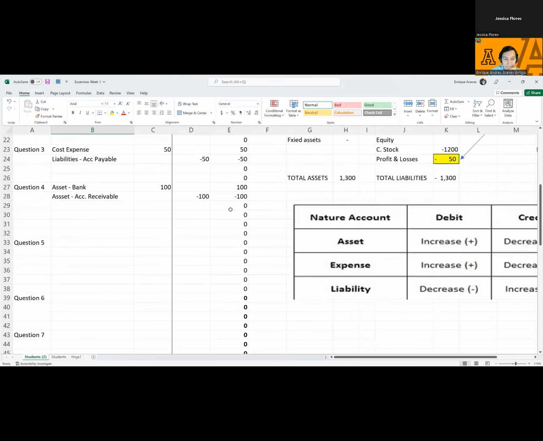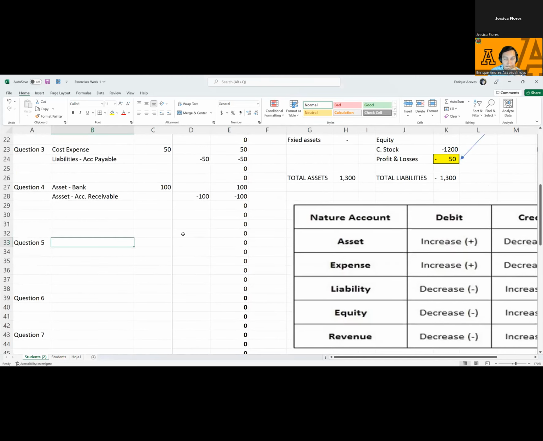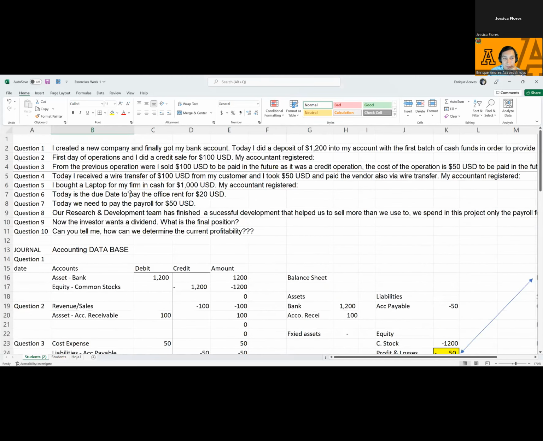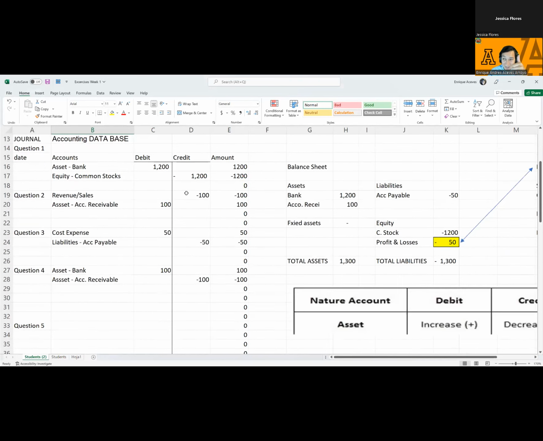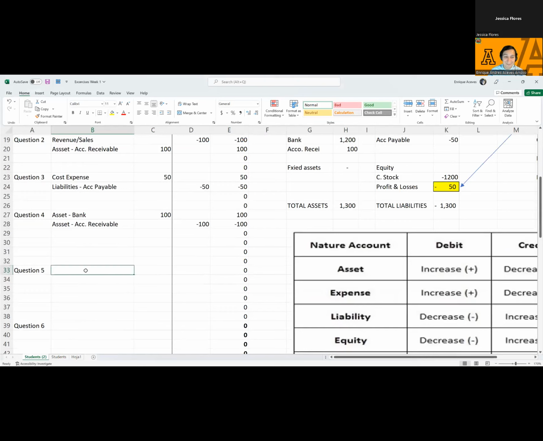If you owe money, then it's a debt, right? Wait. In here, you paid in cash. I've already paid for it. I bought a laptop for my firm in cash. It's an asset. Yes, nice.